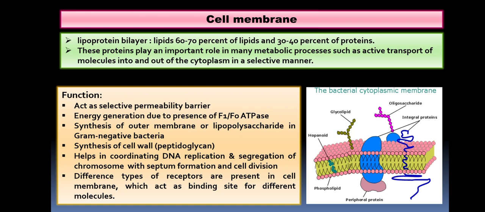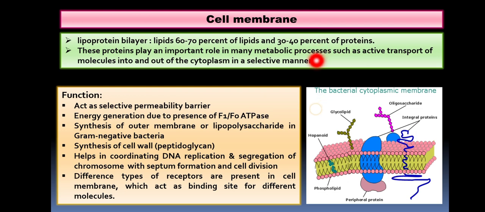The cell membrane is the innermost covering of the bacterial cell, which protects the cytoplasm and other cytoplasmic organelles. It is a thin 4 nanometer layer that consists of a lipoprotein bilayer, with 60 to 70% lipids and 30 to 40% protein.